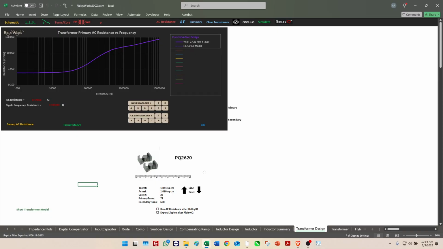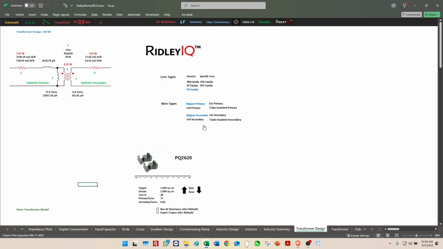You don't need to understand the depths of the topic. It's a topic that's been around since the 1930s. People were very worried about AC resistances even back then. And now you have this convenient tool for you to very, very rapidly design, simulate, and then redesign your transformer to lower your losses.